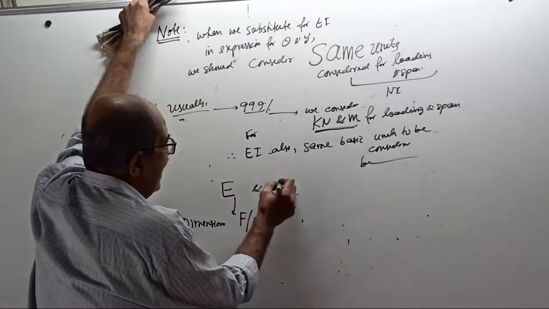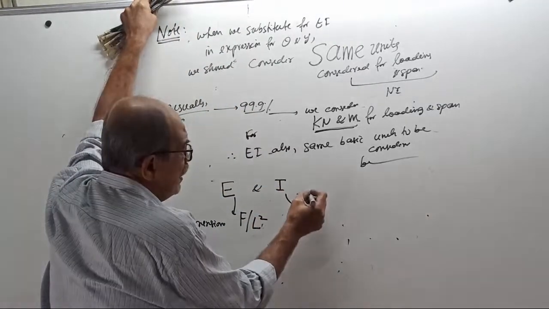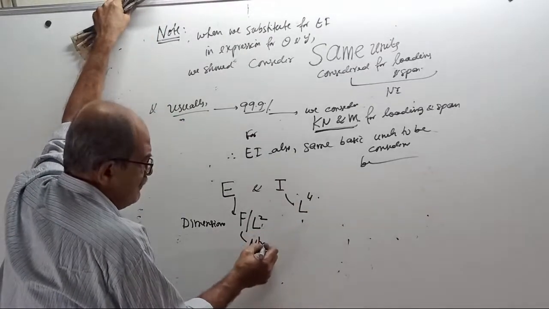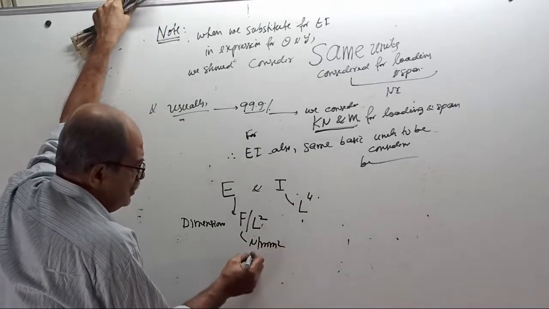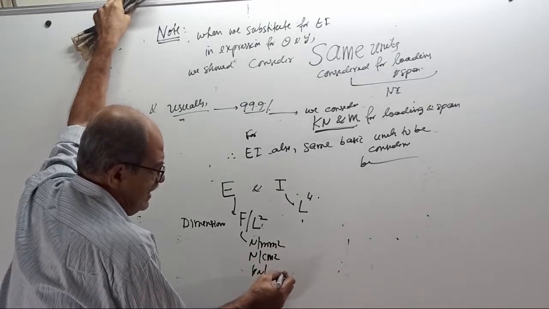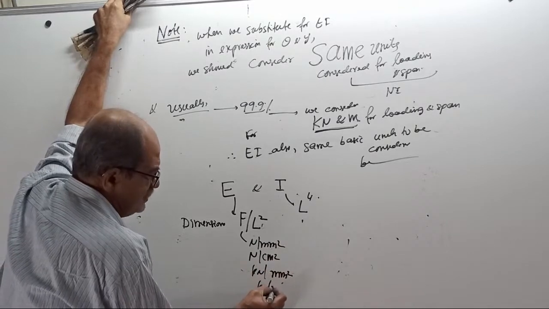And I is linear power 4. Like, for example, Newton per mm square, Newton per centimeter square, or kilonewton per millimeter square, or kilonewton per meter square, anything.